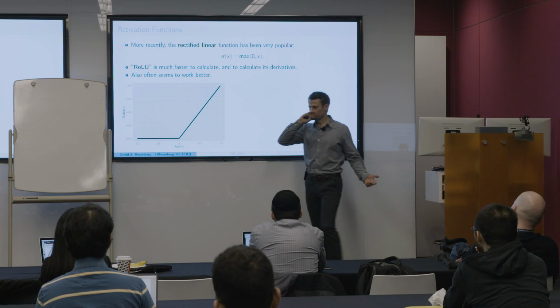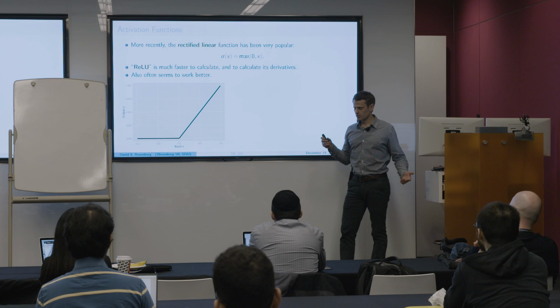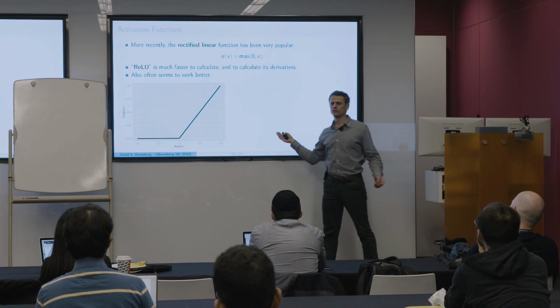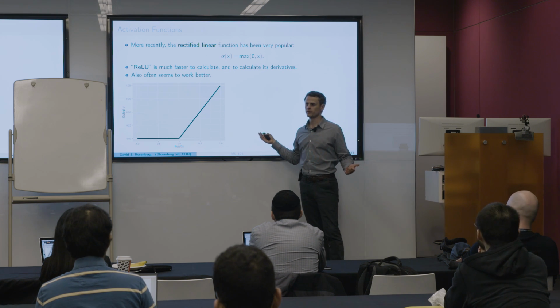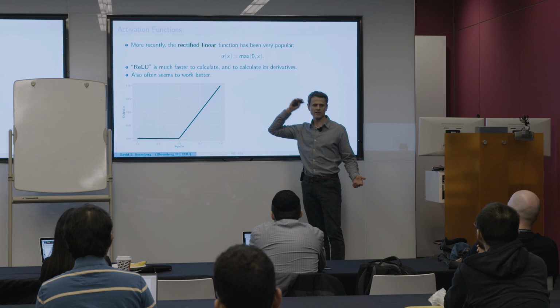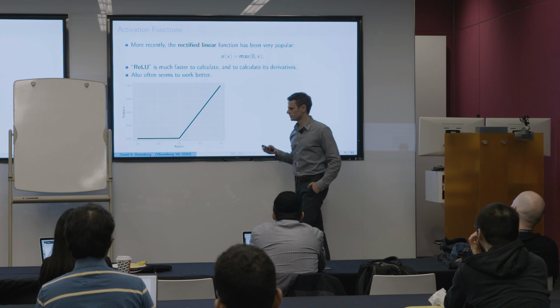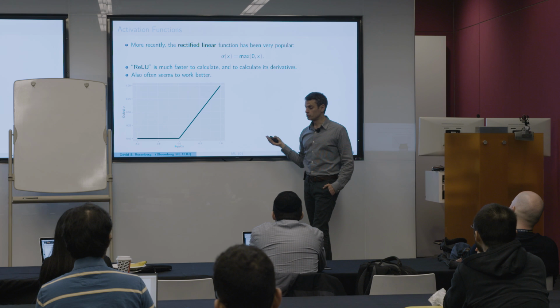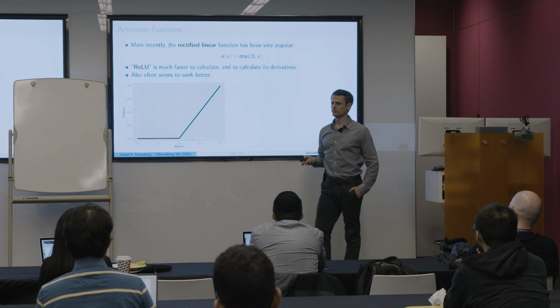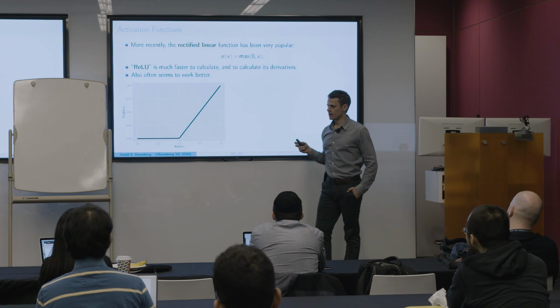So computing the value of the function itself is also trivial. It's just an if statement. If x is greater than 0, we just branch. So computing ReLU and its derivatives is extremely fast, especially compared to tanh.